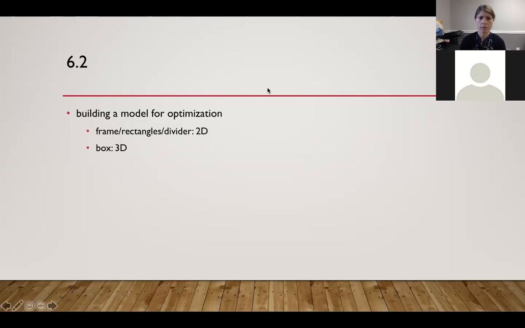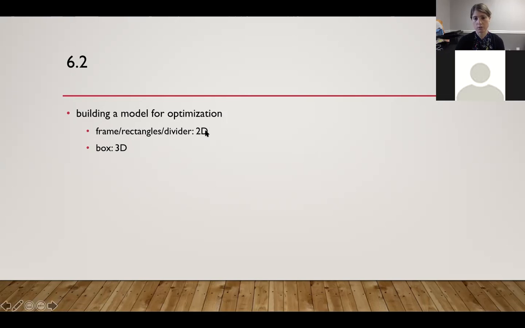So let's take a look at 6.2. 6.2 is all about finding max and mins with application, but the contrast here in 6.2 is that you have to build the model. So helping to build the model is what those two Desmos activities, the Desmos optimization task 1 and optimization task 2, are for.